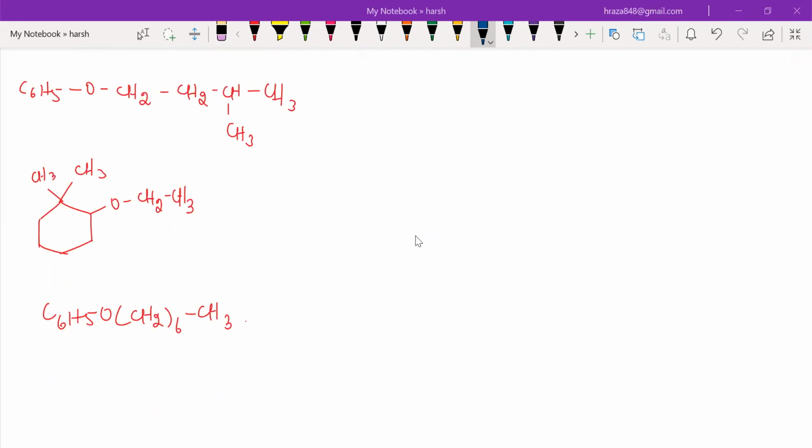You have to decide which one is the parent chain and which one is the branch. Let me know if you have any doubt regarding this. I'll solve and tell you.